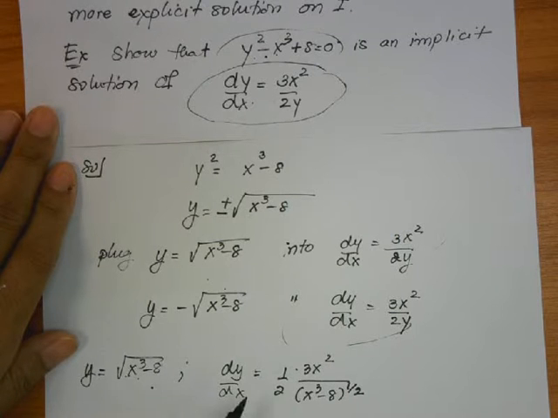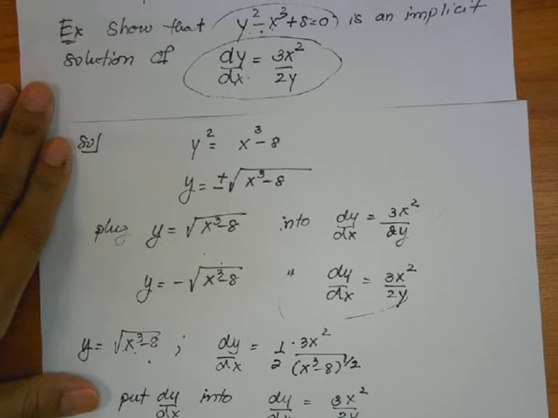And then you plug into the equation. You would get dy by dx equal to 1 over 2 times 3x squared divided by the square root of x to the power 3 minus 8.